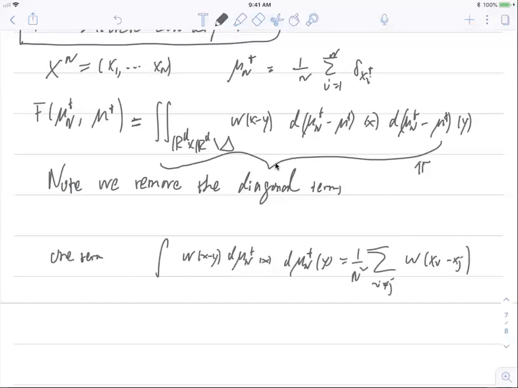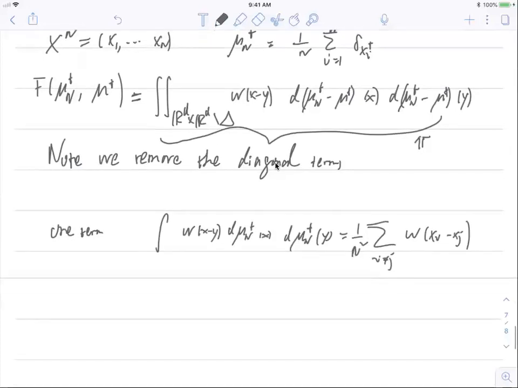This quantity is not positive, but as n goes to infinity, you can show this is positive. There's a higher order term like O(1) that will be really small when n goes to infinity. This actually is one critical part in his paper, and also in our paper. Okay, so this is the quantity.